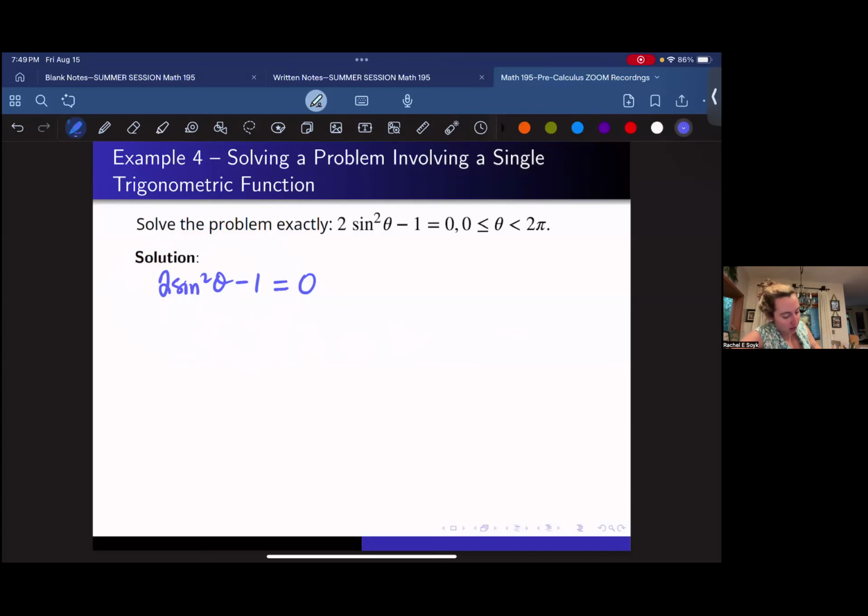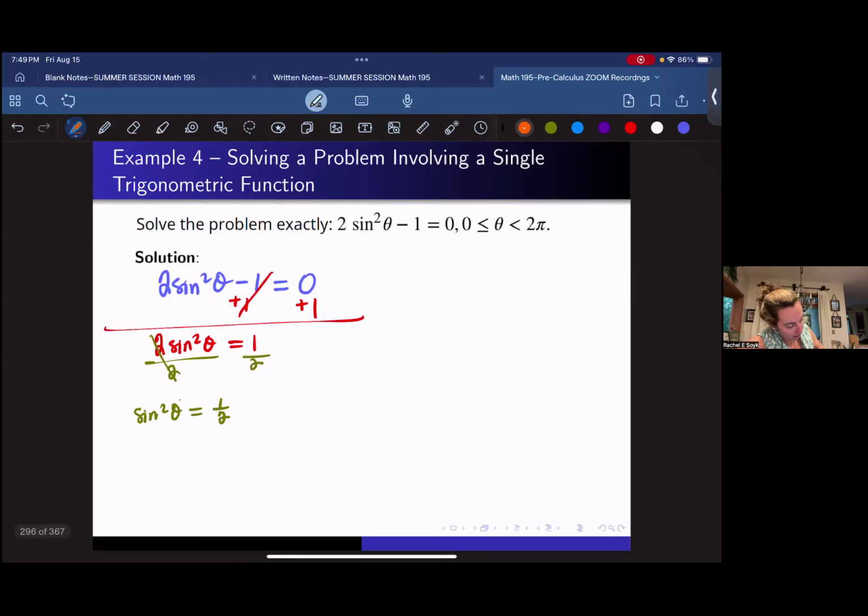Okay, inverse operations. We get 2 sine squared theta is equal to 1. Let's go ahead and divide both sides by 2. So we're looking at sine squared theta equals 1/2. Now let's go ahead and take the square root of both sides.